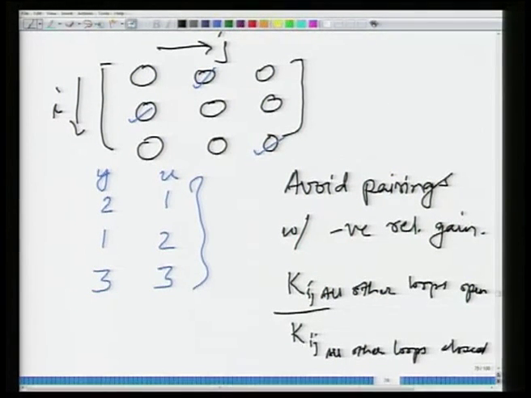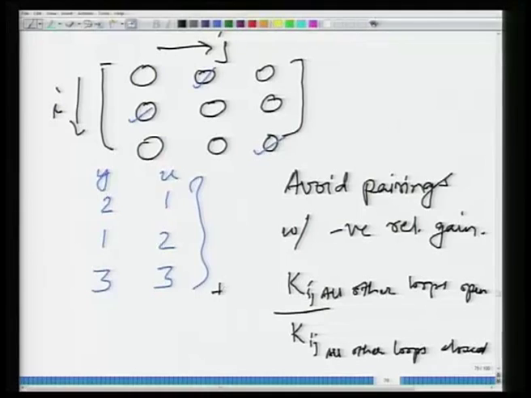Now, if this number is negative, what that means, let me give you an example. If you increase steam, you would expect that the temperature on the tray of a distillation column should increase. So, open loop gain you expect to be positive, but for some reason if the relative gain is negative, what that means is the behavior depends on whether all loops are open or not.